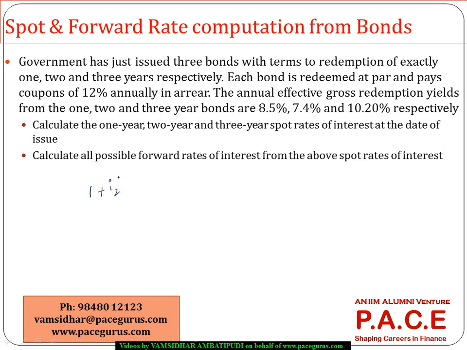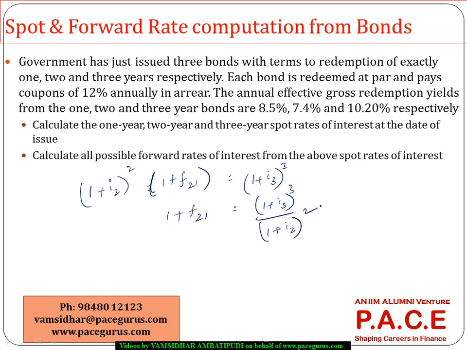The same logic I can use between 2 and 3. 1 plus I2 squared into 1 plus forward between 2 and 3 years is equal to 1 plus I3 cubed. So from here, 1 plus the forward between the 2 and 3 years is nothing but 1 plus I3 cubed divided by 1 plus I2 squared.